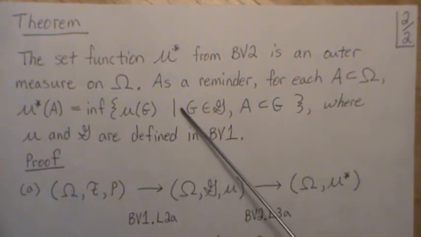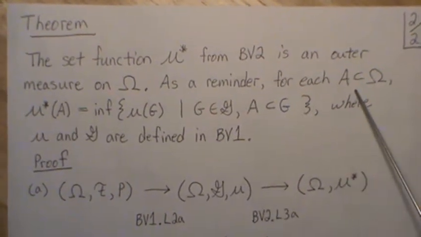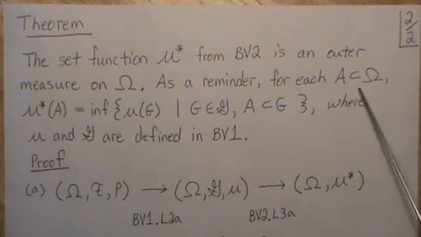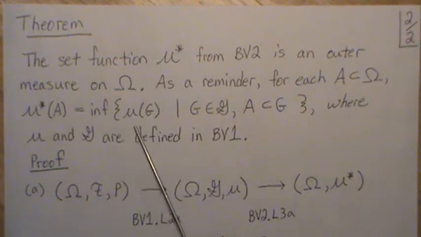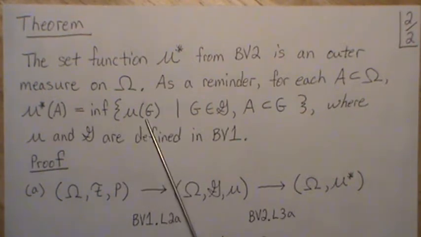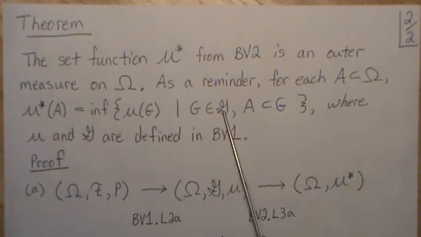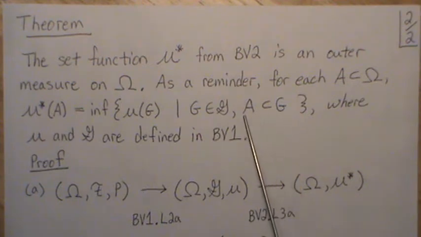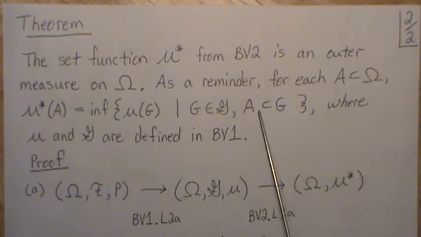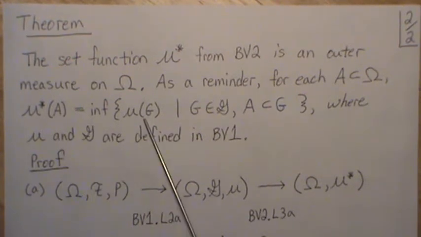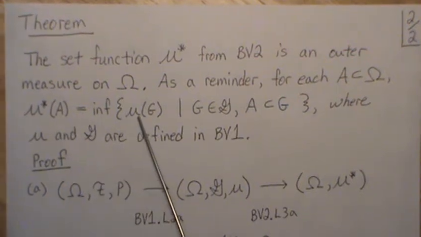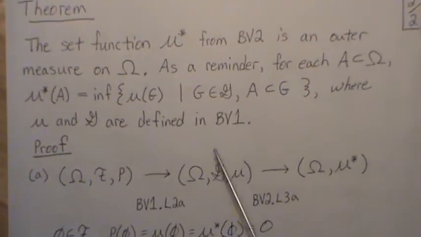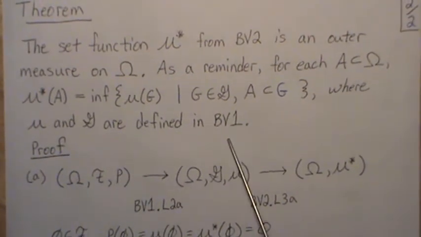As a brief reminder, for every subset A of omega, we defined that extension, mu star of A, as the infimum of the measures of G such that G is in script G and G is a cover of A, so A is a subset of G. We look at the measure of all those sets and then take the smallest, and that's the new measure. That's how we're extending the measure mu. Mu and script G are defined in BV1.